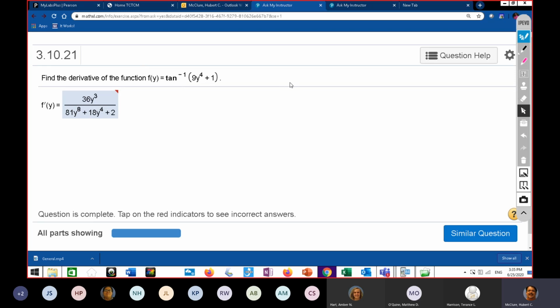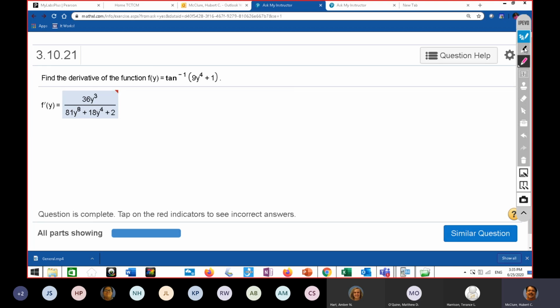And I'm going to tell y'all what I tell everybody to do first. The first thing you do is you write the derivative of 9y to the 4th plus 1. I'm going to go over here and say u, and you can use x and dx. I don't care which one you do. If you want to use x, I don't care. X is equal to 9y to the 4th plus 1.